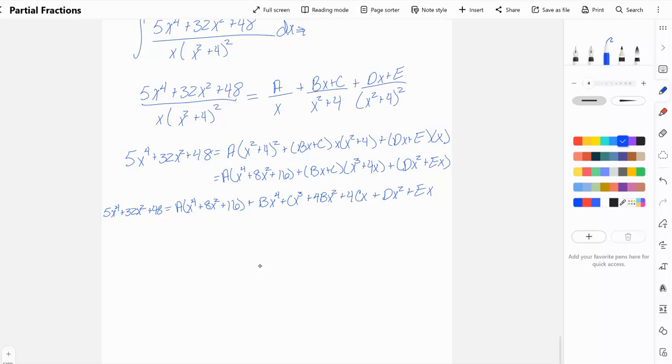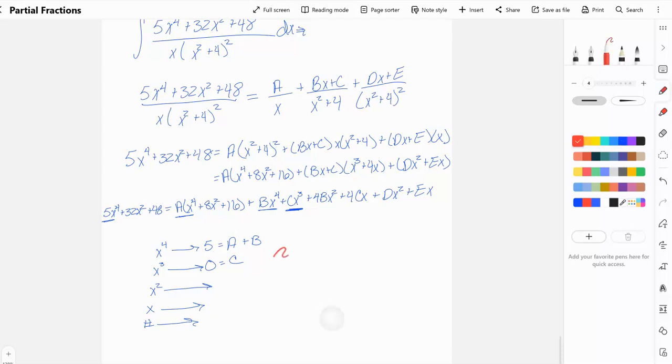So you can see how we've got 5 different variables. We've got things in front of an x to the 4th. We're going to have things in front of x cubed and x squared and x, and then just a number that's on the other side of the equals. So we're going to have a 5 that's equal to a plus b. x cubed, we do not have one on the left. I'm going to have a c here.